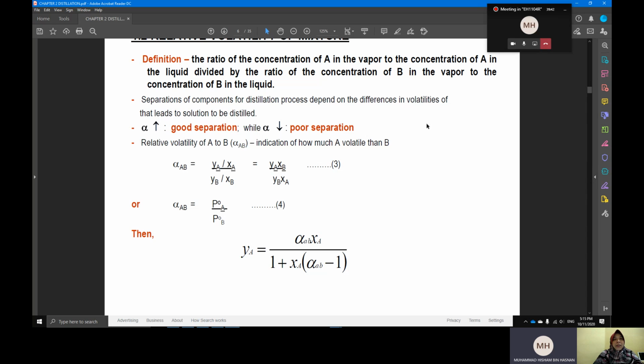If alpha is constant, maksudnya value remain the same for all temperature. But if you have alpha which is not constant for every temperature, you're going to have non-ideal mixture. Itu je jawapan dia.